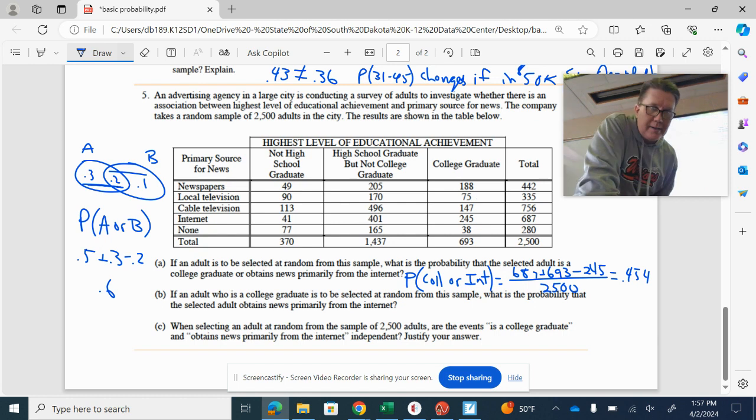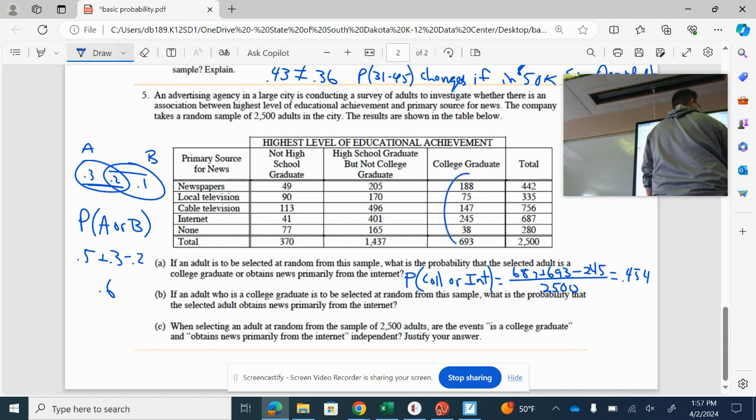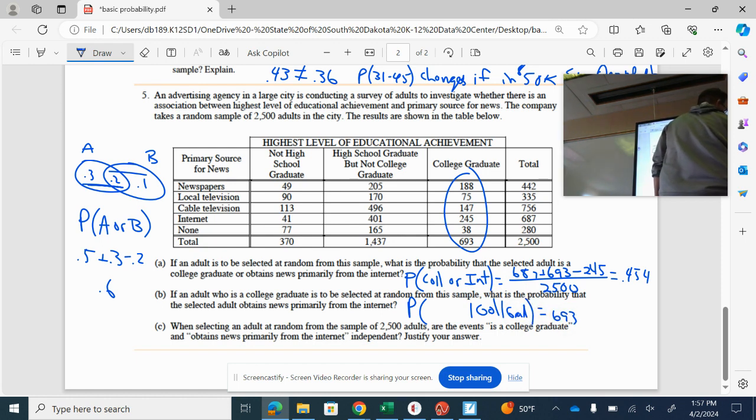So an adult who is a college graduate is to be selected from the sample. Okay, so we know we've got one of these. It's given they're a college graduate. That was supposed to be a C. I'm going to leave it. So we're drawing out the 693.